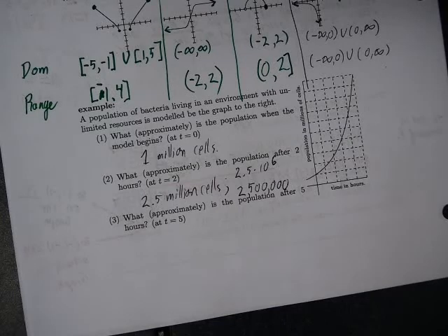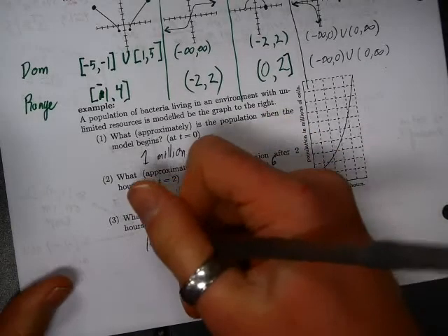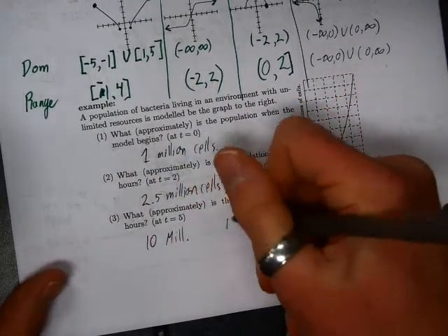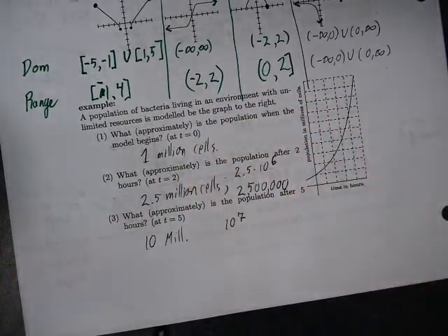There it is, just as a number expanded. When time is at 5, what does it look like the population is approximately? 10. Again, scientific notation, that would just be 10 to the 7th.